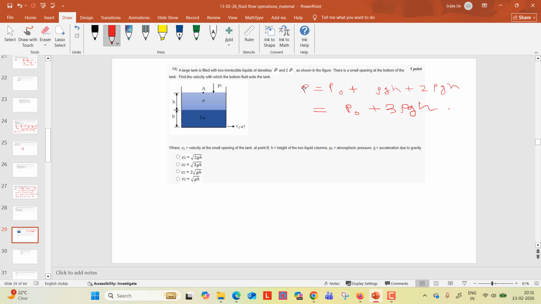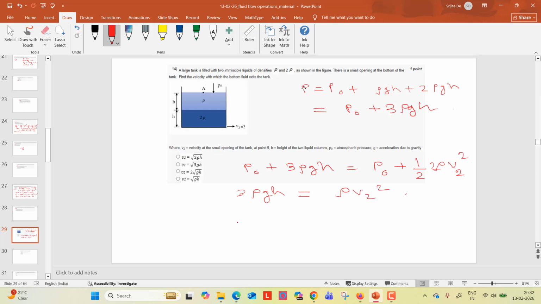At the bottom point or at the exit, if we apply Bernoulli, it will be P0 plus 3ρgh equals P0 plus the kinetic energy associated with it, half ρ V2 squared, half 2ρ V2 squared. So 3ρgh equals ρ V2 squared.